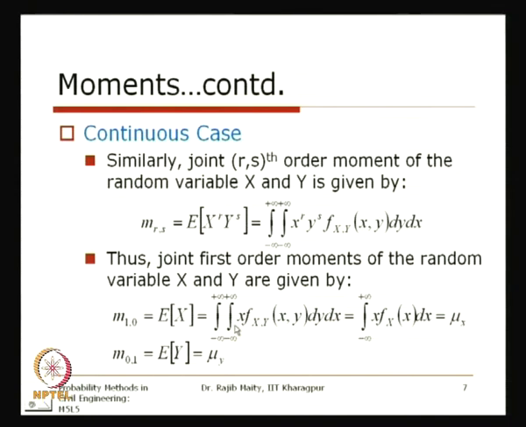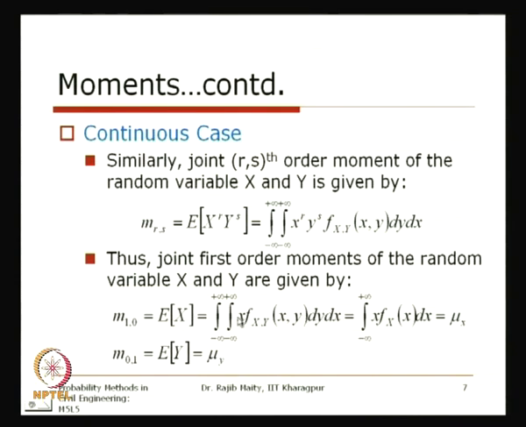Now, the in-between steps: just following the general equation, that is x power r, here x power 1 and y power 0, which is 1. Then this joint density, dy dx. Now, you see the first integration we are taking is with respect to dy.